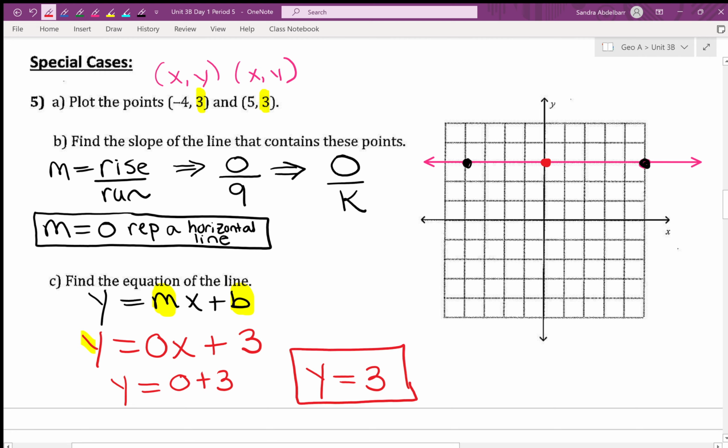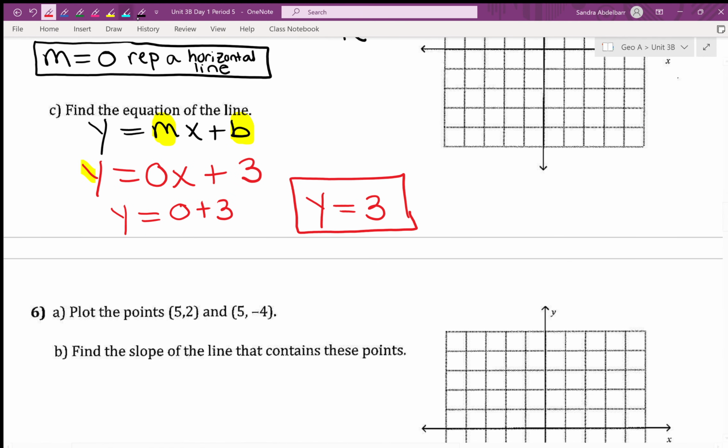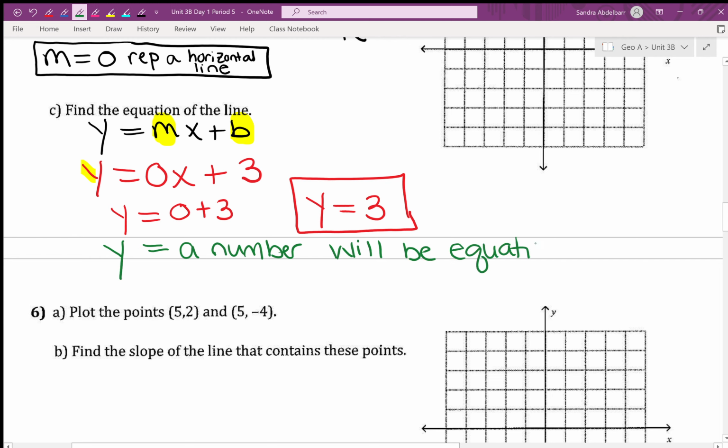This is a special case. Are you ready to write this out? Let's write it out. Y equals a number will be the equation of a horizontal line.